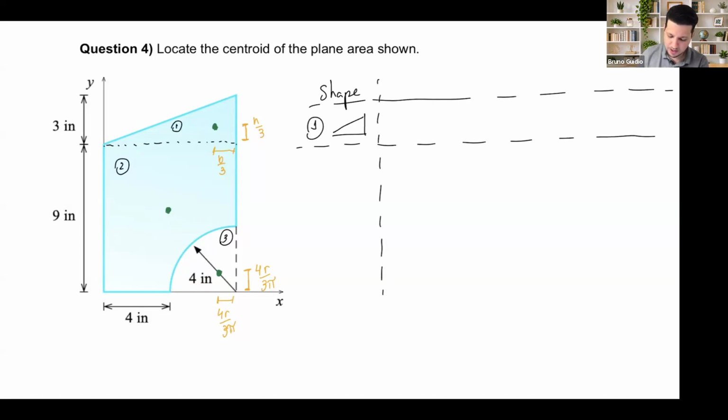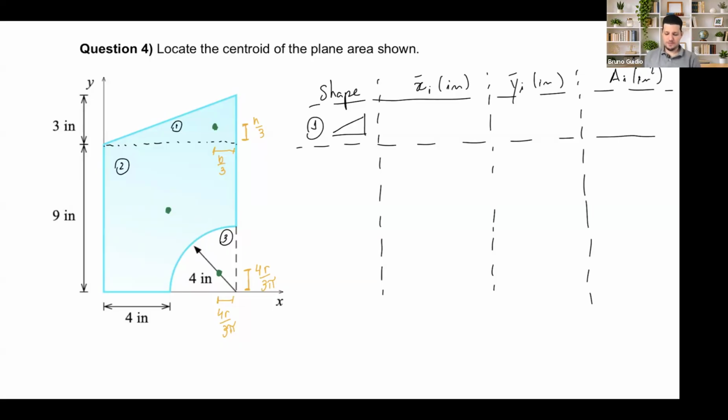Then I will have x bar in this column, y bar in this one, and area in this one. Okay, shape number 2. Shape number 3.